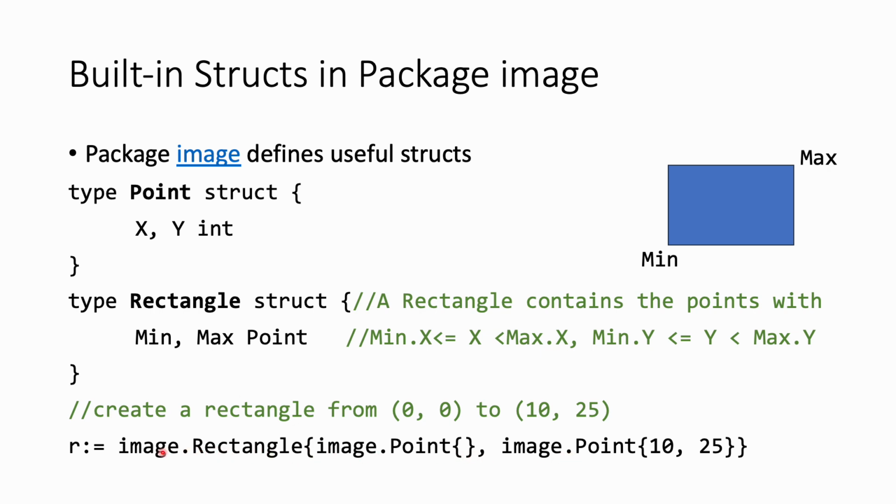For example, here we have to write image.Rectangle instead of just Rectangle, and we have to write image.Point instead of just Point.